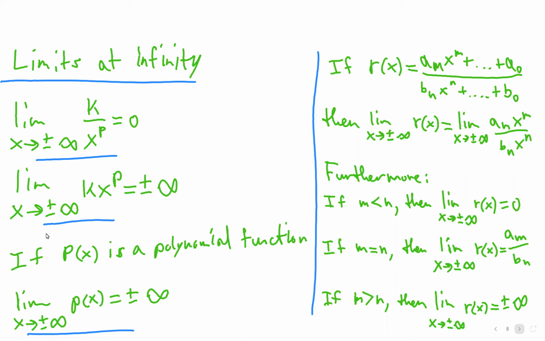And then finally, if m is greater than n, then the limit as x goes to positive or negative infinity of our rational function is equal to either positive or negative infinity. And this one really depends on what a sub m, b sub n, and our m and n values themselves are.